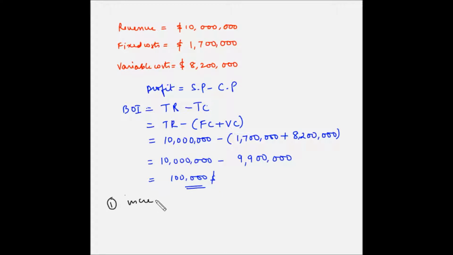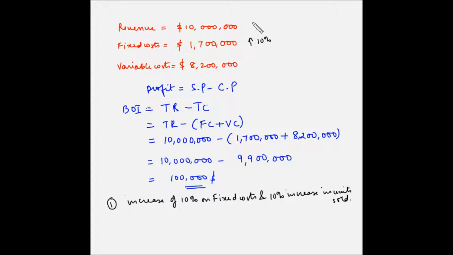Now first we have to find out the impact on this budgeted operating income when there is an increase of 10% on fixed costs and 10% increase in units sold. So basically the fixed cost is increasing by 10% and the number of units sold are also increasing by 10%.